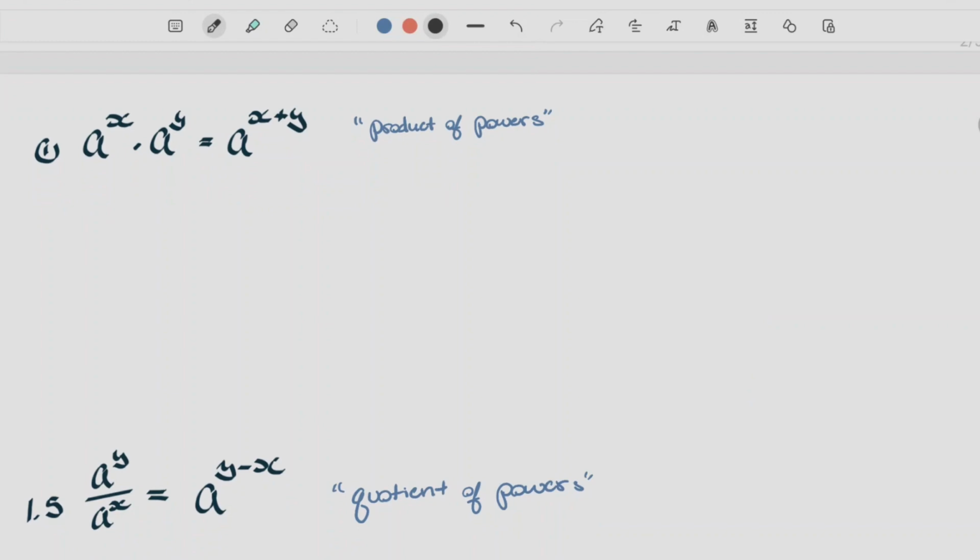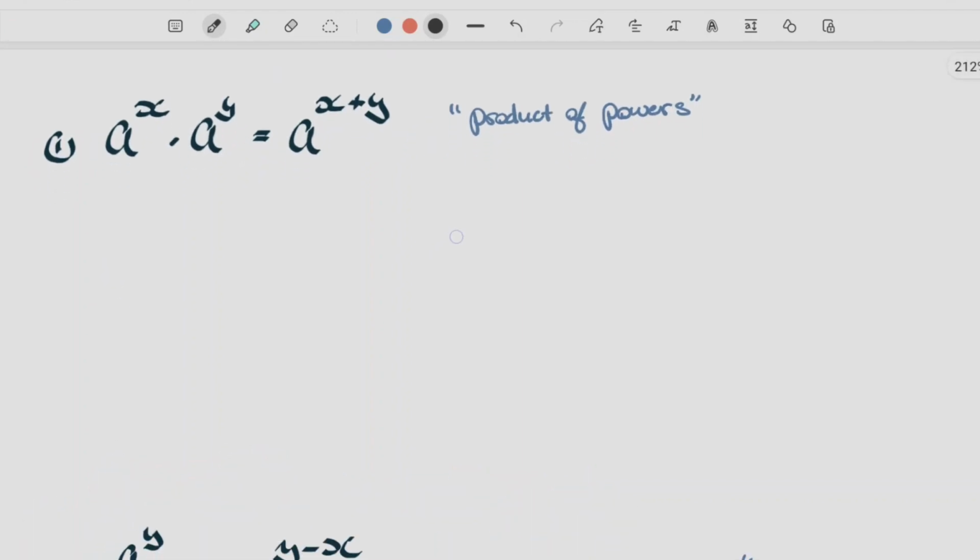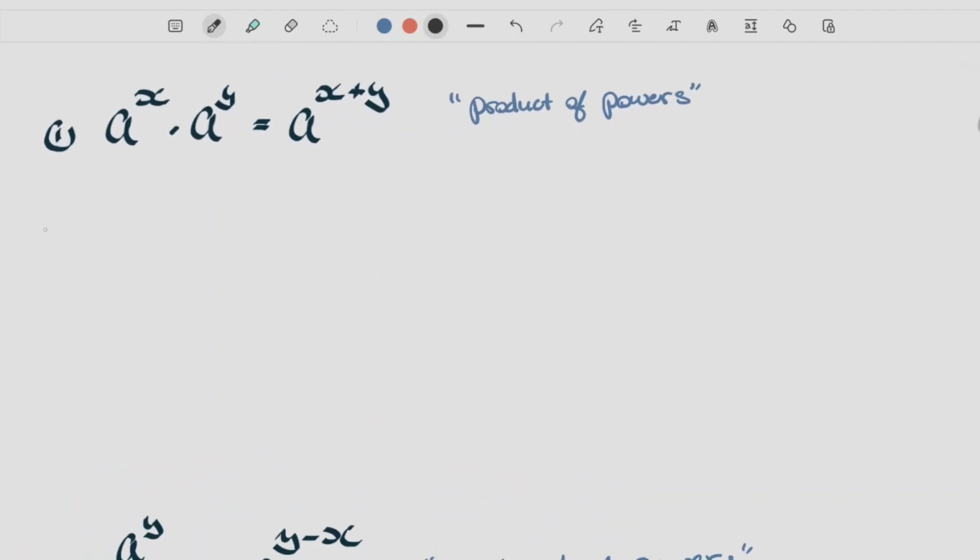So, the first power law we are going to zero in on is the product of powers. When we are exploring this, let's first take the log of both sides. By doing this, we're just extracting the exponent that when a is raised to it gives us a to the x times a to the y.